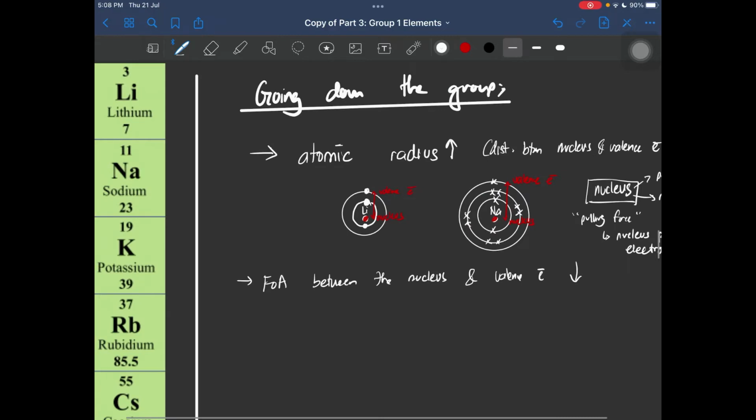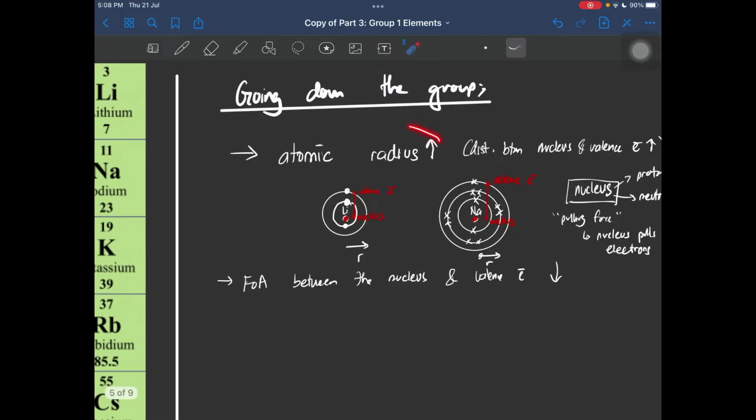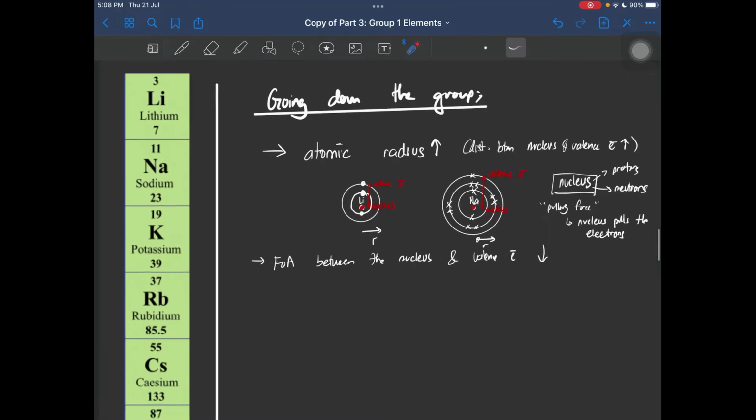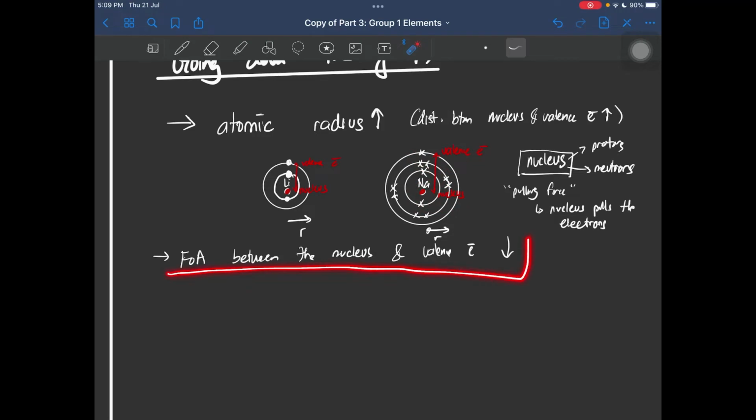So if the atomic radius increases, the distance between the nucleus and valence electron increases, we know that since the nucleus is further from the valence electron, the force of attraction between the nucleus and valence electron will also become weaker. It will decrease. So if it becomes weaker, then the attraction between the nucleus and the valence electron will become loose.